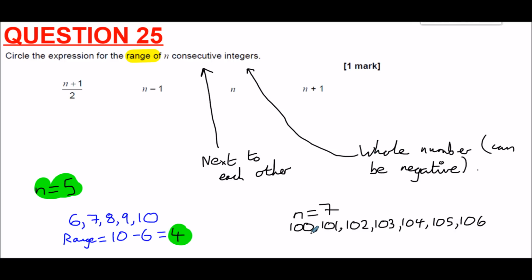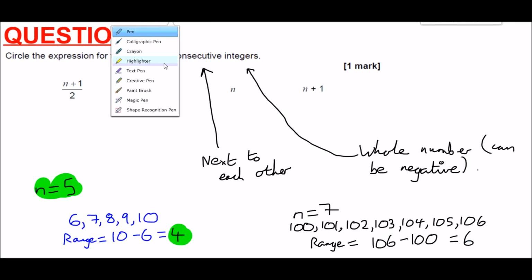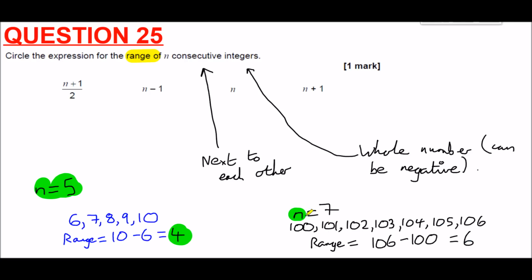So if these were the 7 consecutive integers, then the range would be again the highest, which in this case is 106, take away the lowest, which is 100. The range would be 6. And so if n were 7, the range would be 6. So when n was 5, the range was 4.